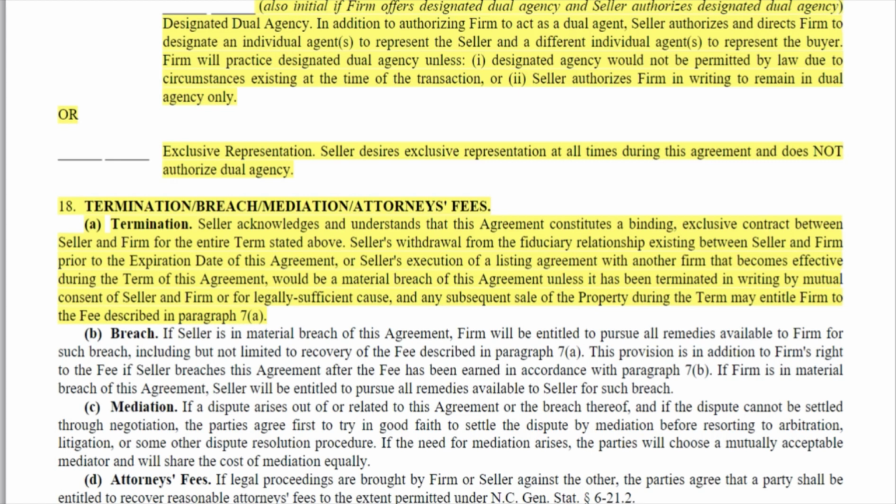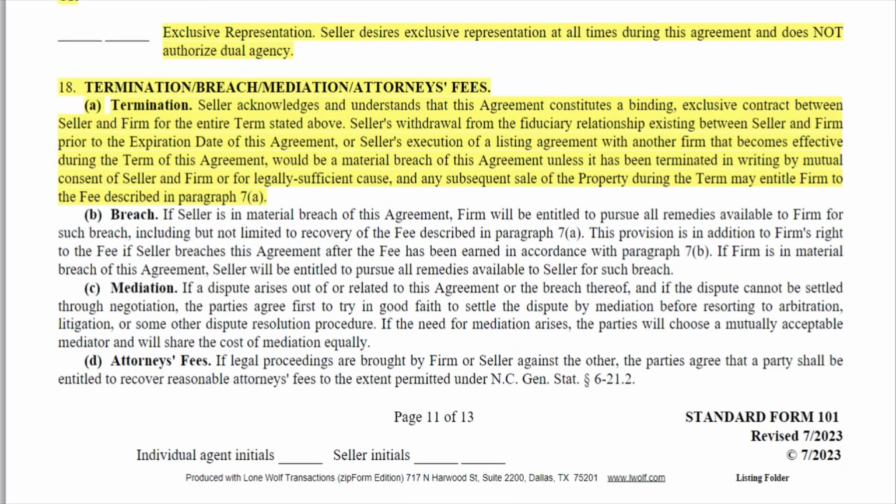And this agreement, unless it has been terminated in writing by mutual consent of the seller and the firm, or for legal sufficient cause, and any subsequent sale of the property during the term may entitle firm to the fee described in paragraph 7. So again, it's saying that we are representing you.